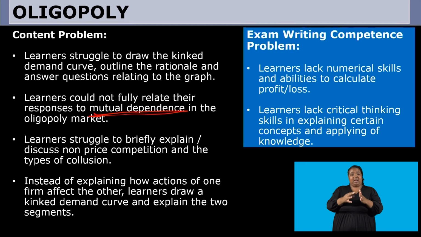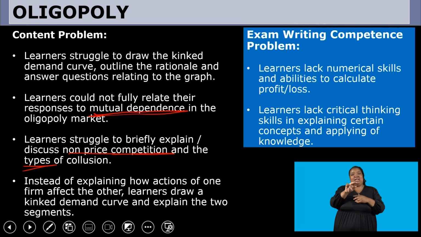Learners struggle to briefly explain or to discuss non-price competition and the types of collusion. Instead of explaining how actions of one firm affect the other, learners draw a kinked demand curve and explain the two segments.